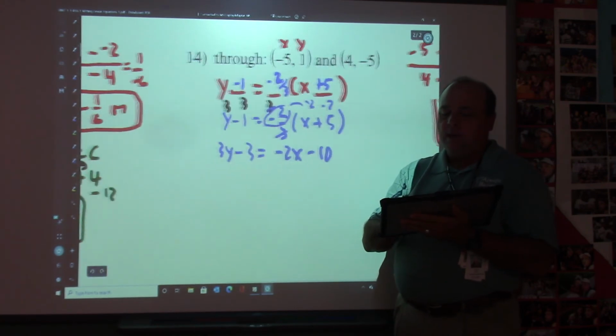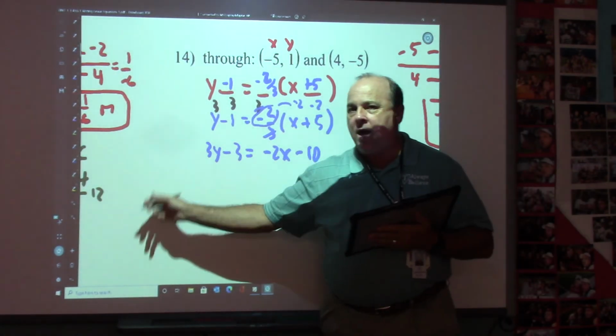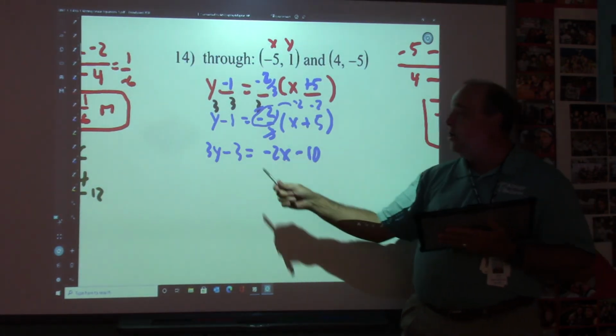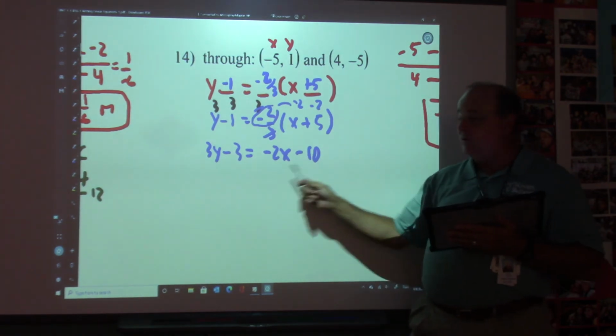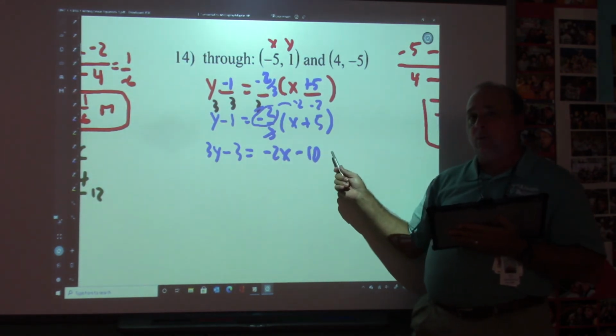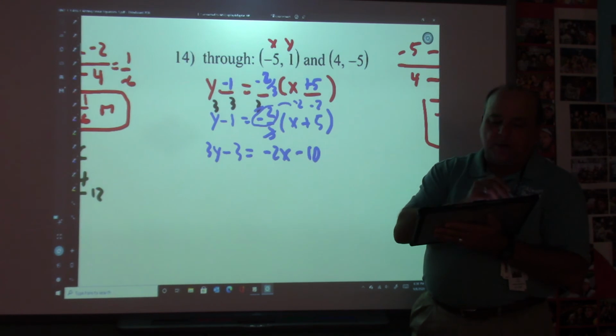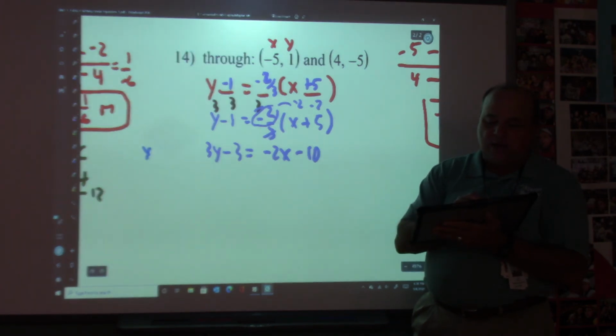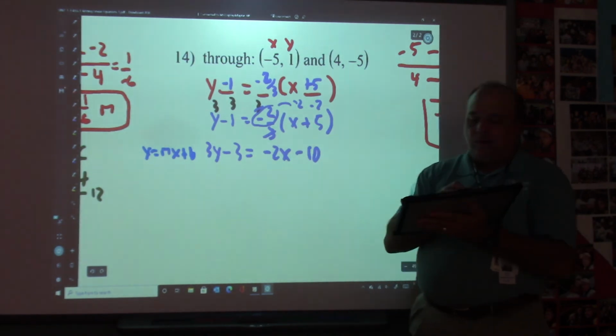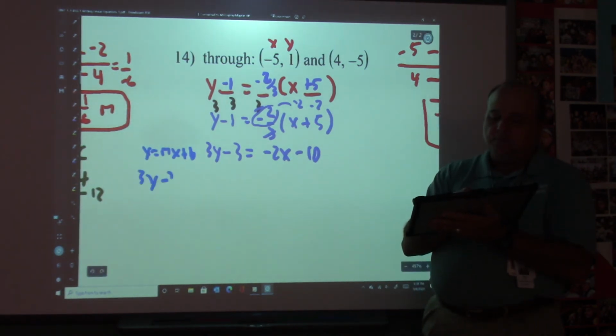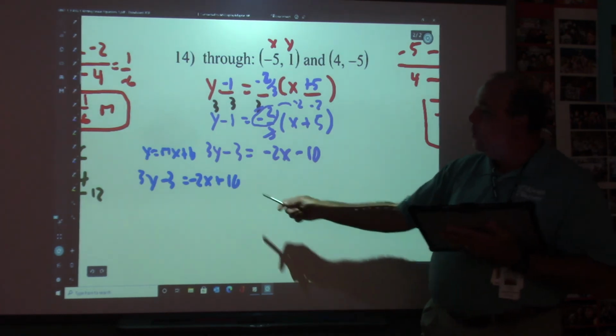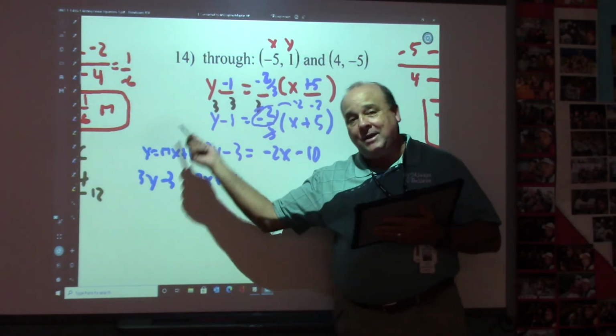Okay? Now then, we're going to go to the left, make y-intercept, go to the right, and make standard. Notice all of these end up with this: a y number equals an x number, right? You'll get the hang of it, I promise. So let's write down y equals mx plus b. And then we're going to write this equation down again. And then we got to move the 3 over and divide by 3, right?